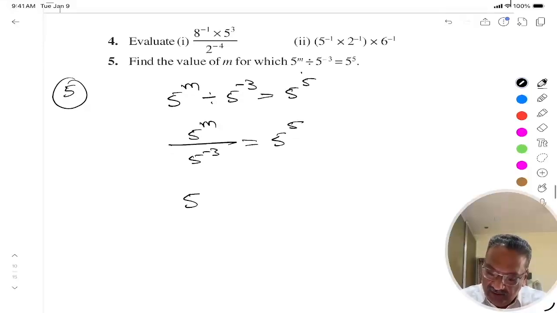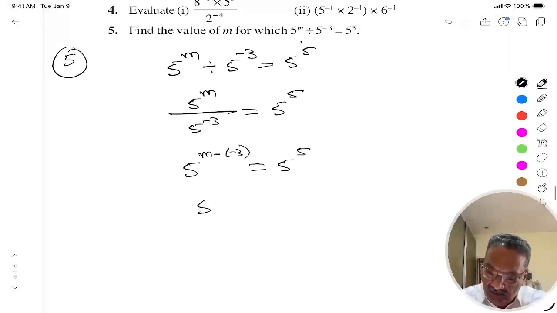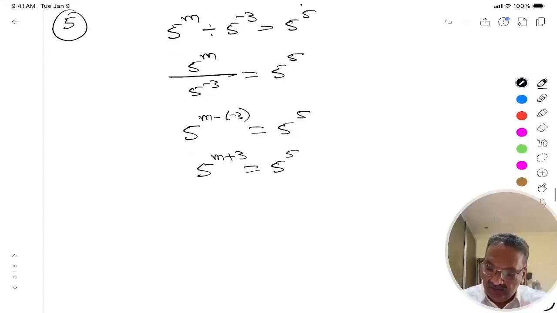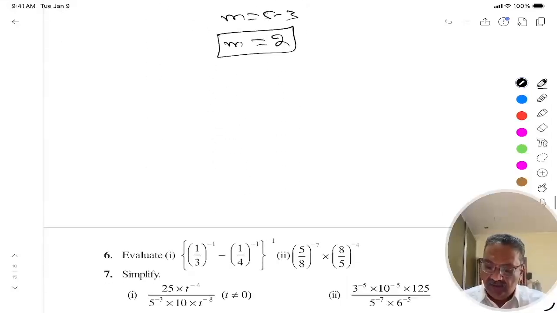So we get 5 to the power of m minus of minus 3 is equal to 5 to the power of 5, or 5 to the power of m plus 3 is equal to 5 to the power of 5. See, here the base is the same, therefore we have m plus 3 is equal to 5, m is equal to 5 minus 3 is equal to 2. So we get m is equal to 2.